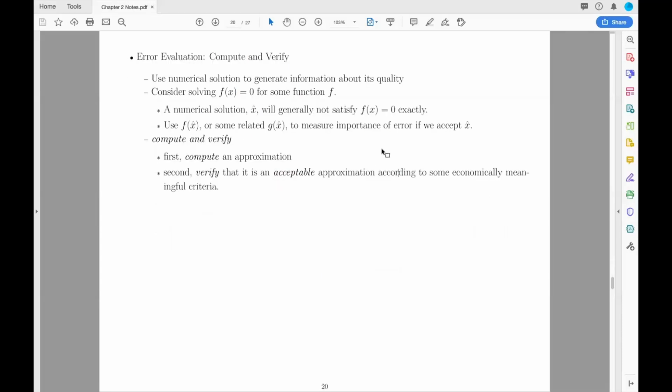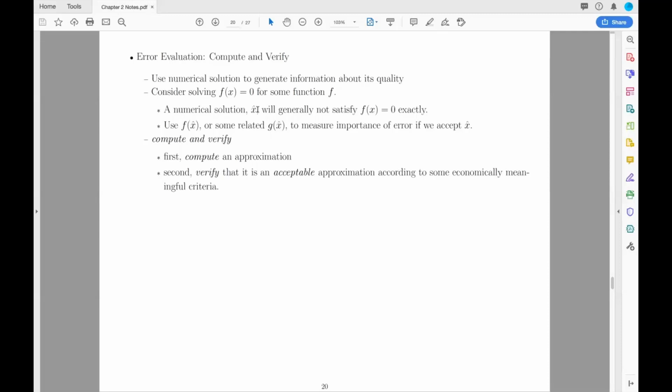Now, we typically have to do something more akin to what's generally called a backward error. So, compute and verify. Now, we have a numerical solution, let's say f of x, trying to find the x such that f of x equals 0.